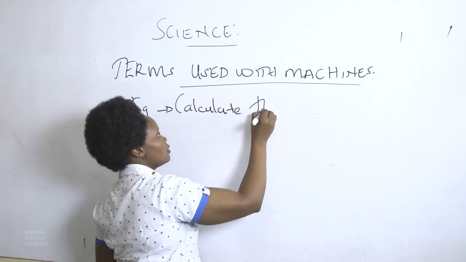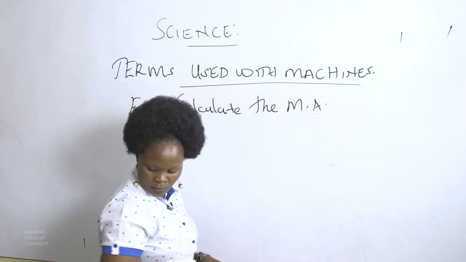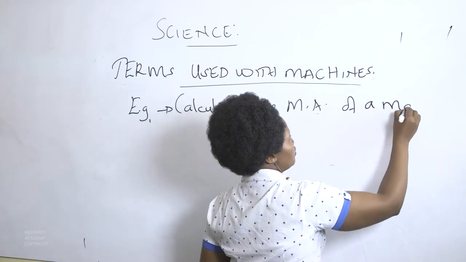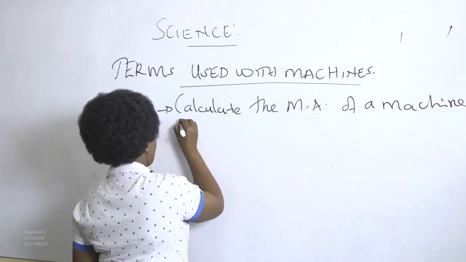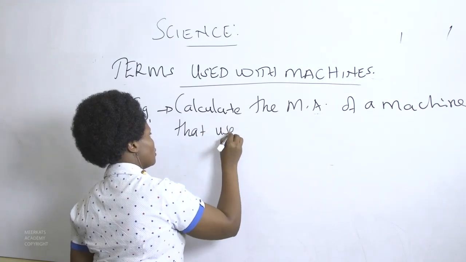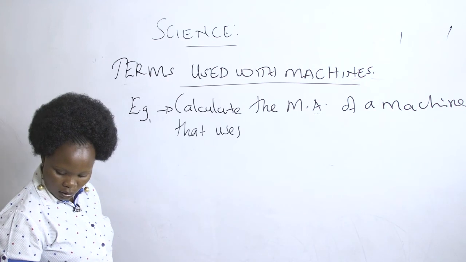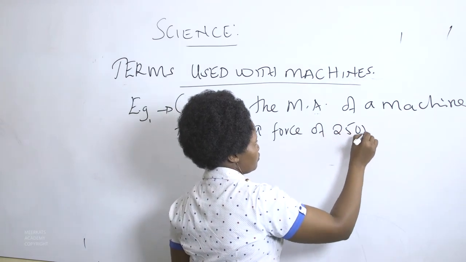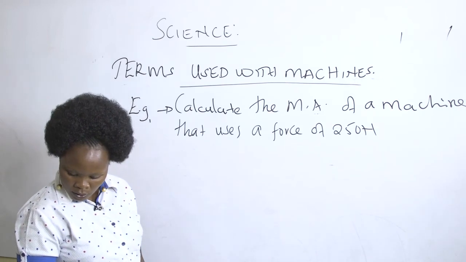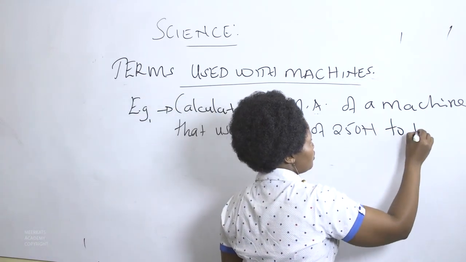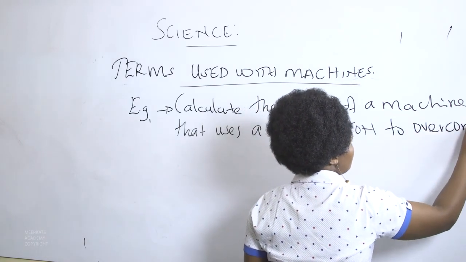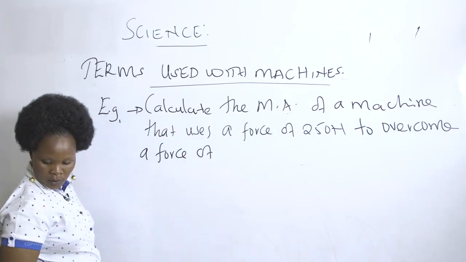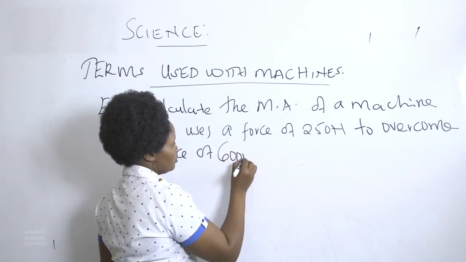Calculate the mechanical advantage of a machine that uses a force of 250 newtons to overcome a force of 600 newtons.